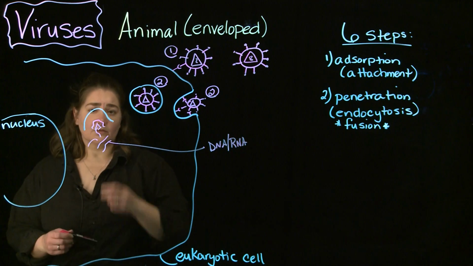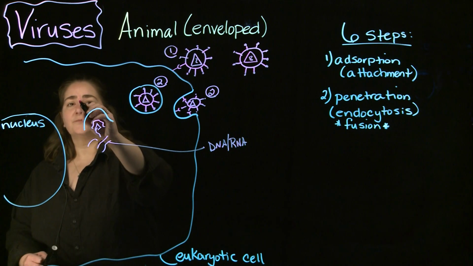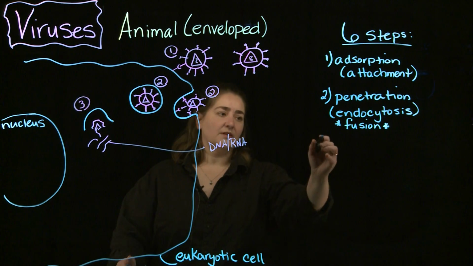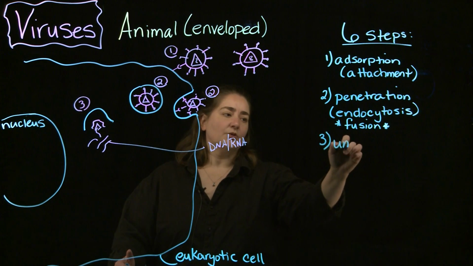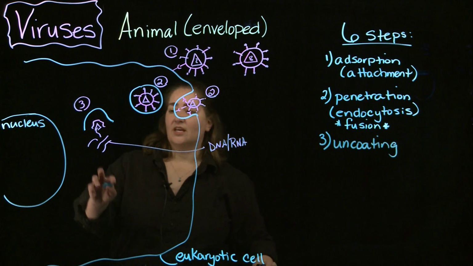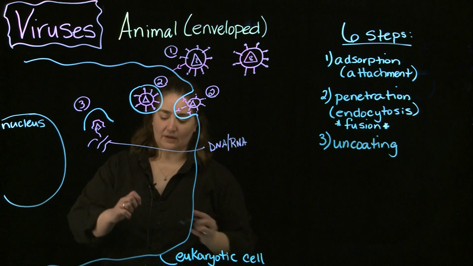Maybe I shouldn't have drawn that so long, but that's okay. All right. So our third step here then is going to be uncoating. So we have to release that genetic information into the cytoplasm of the cell, all right?